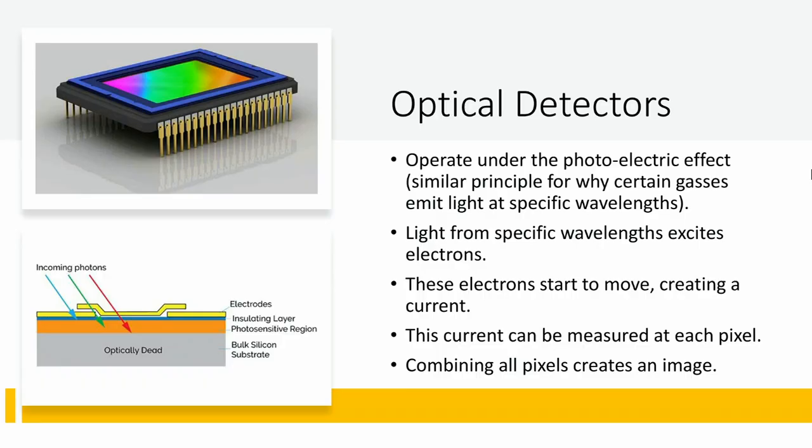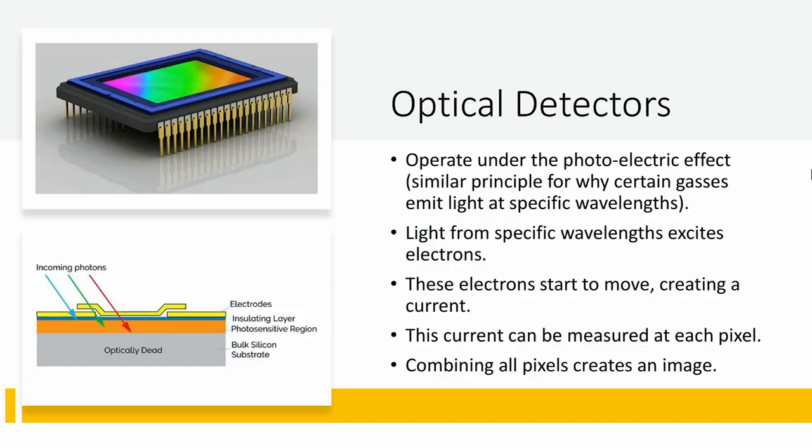And so when the correct type of light hits this photosensitive region, it will release an electron, and that electron is something that you can read with an electronic system. So if I have electrons now that are starting to move around, that'll generate a current, and I can measure currents with techniques that you could learn about in a physics class.